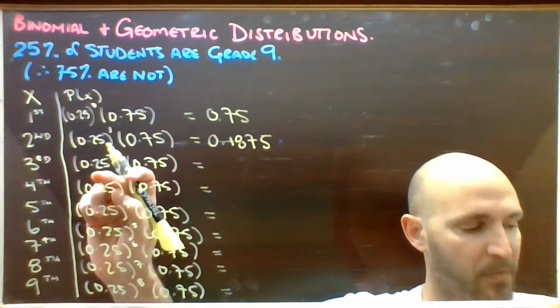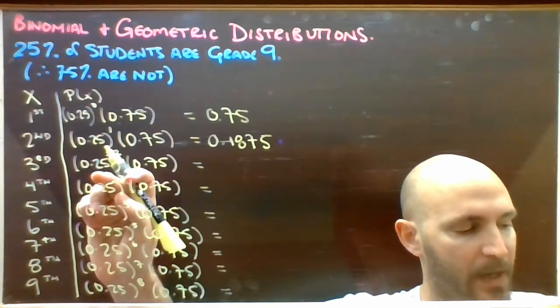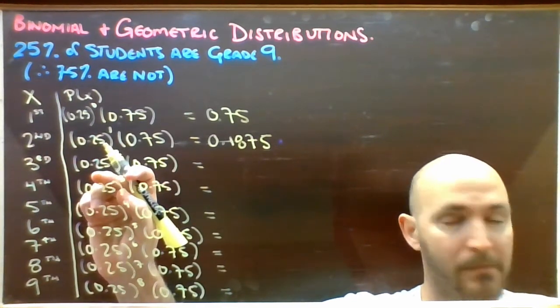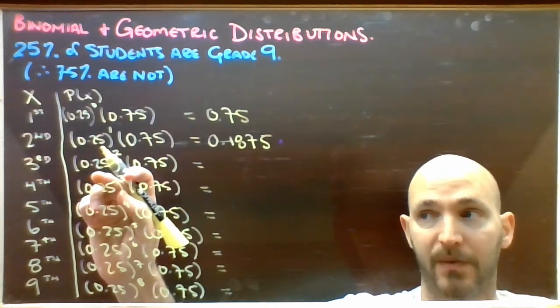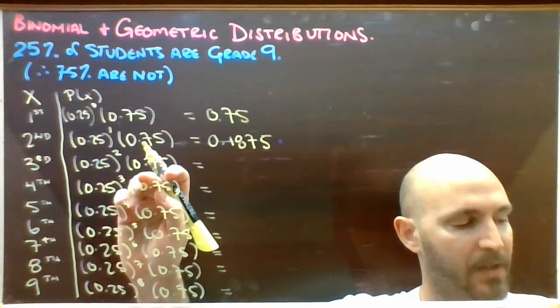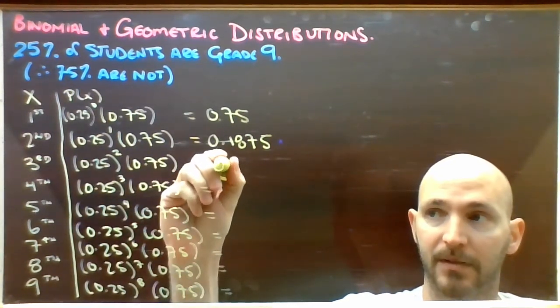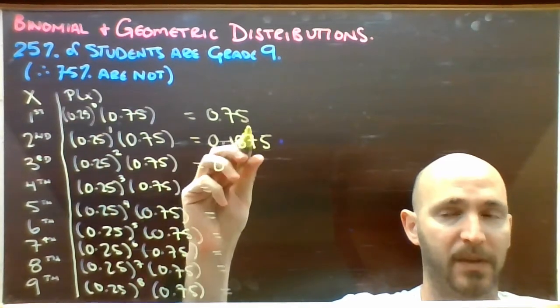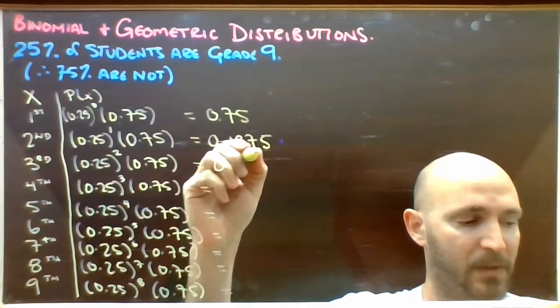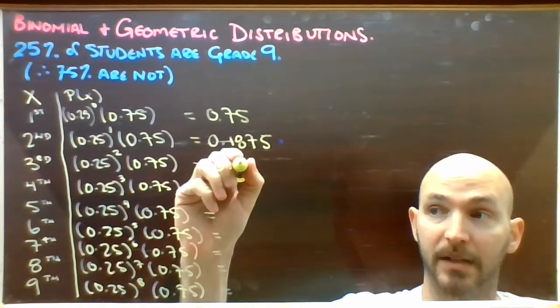For this one, 0.25 squared is 0.0625, multiplied by 0.75 is 0.046875. And I'm going to cut it off at 4 decimal points. 0.0469 if I round.